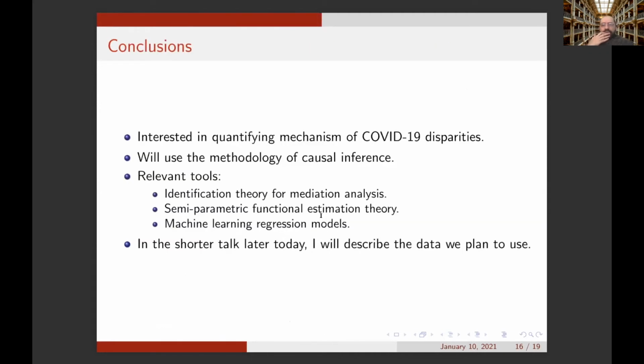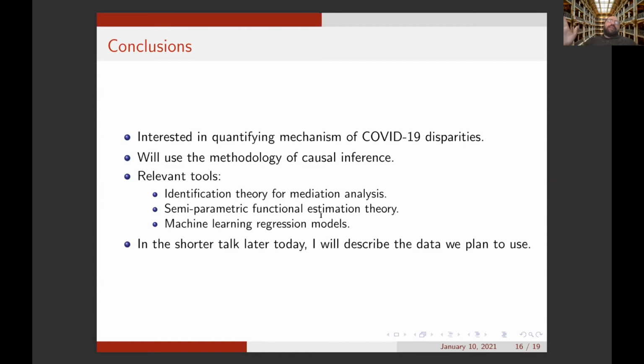Okay, so what are we really using all of this theory for? We're interested in quantifying mechanisms of COVID-19 disparities. So we're going to use this methodology of causal inference and identification theory that allows us to think about disparities as some sort of hypothetical trial.